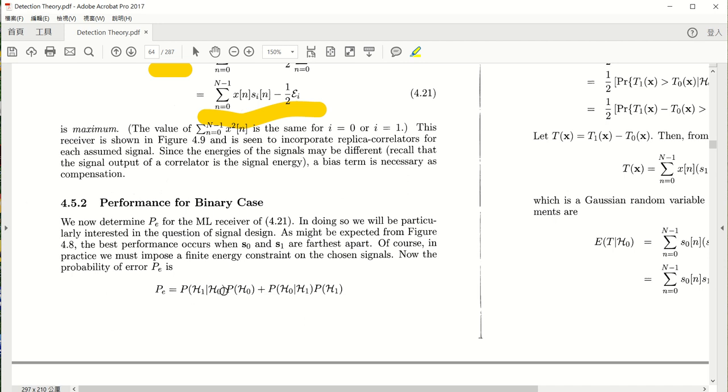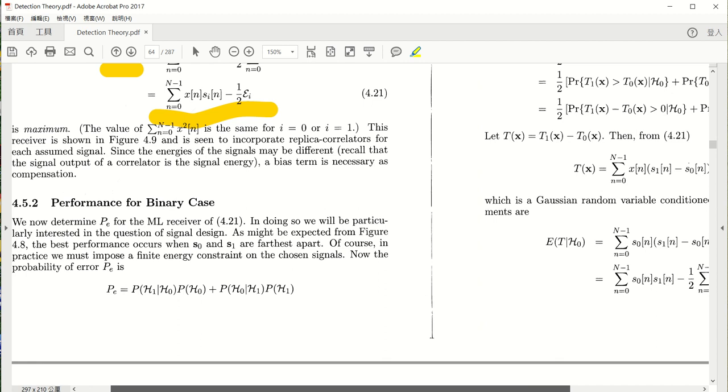However, it has a prior probability P of H0, so you have to multiply by its prior. In digital communications, usually we assume 1/2 for each hypothesis, equal prior, but in many cases it may not be. So we multiply by its prior, conditional on making a mistake given ground truth H0, and the same applies for H1.